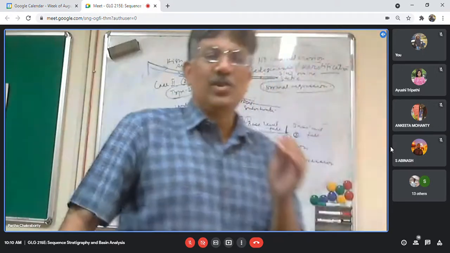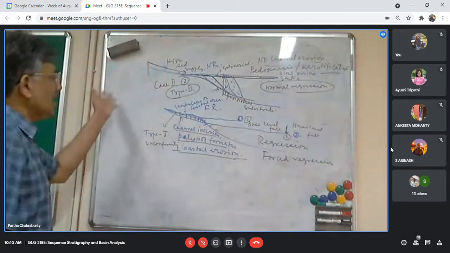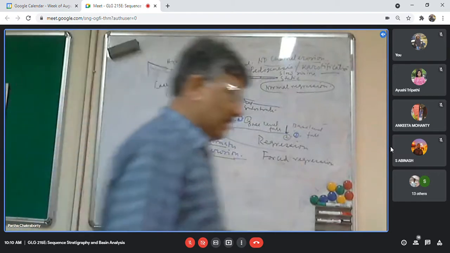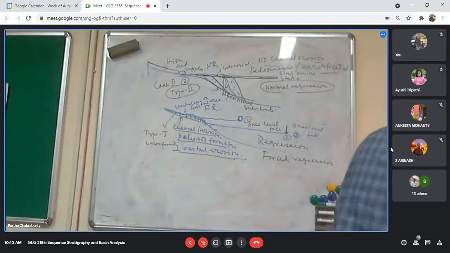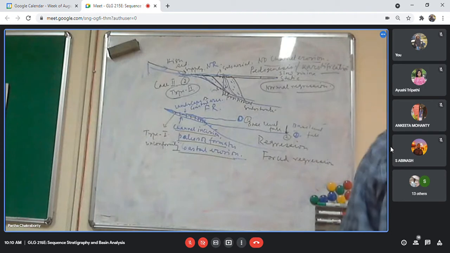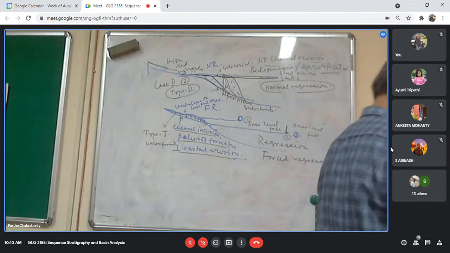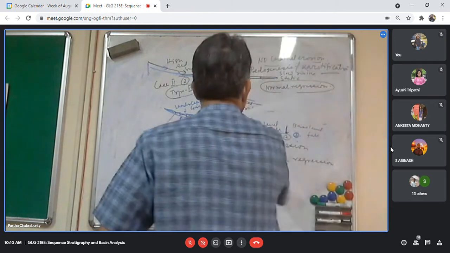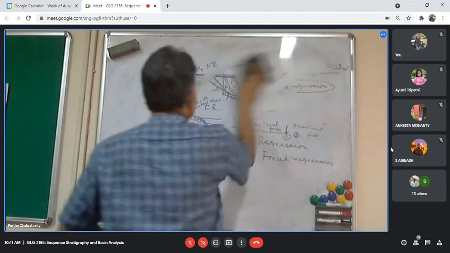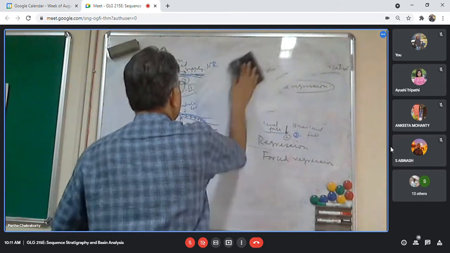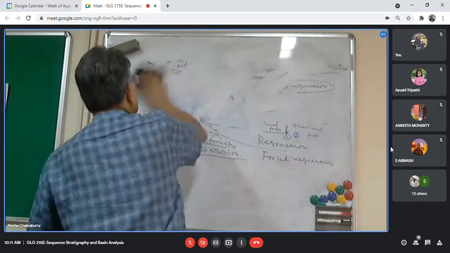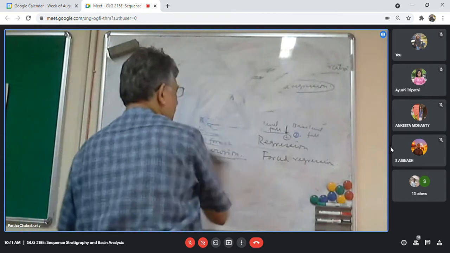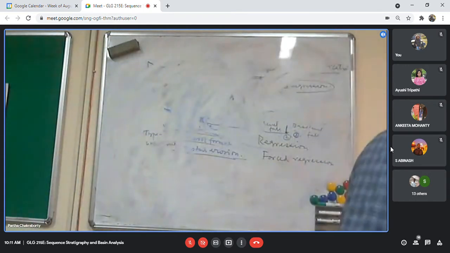So these are the two different regressions that I talked about here. Is it okay, or is there any confusion?